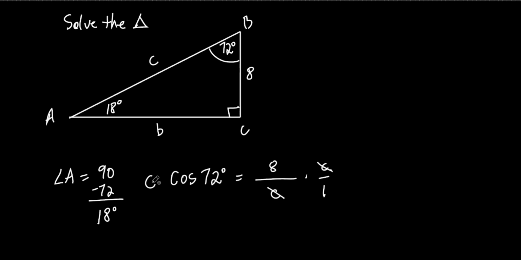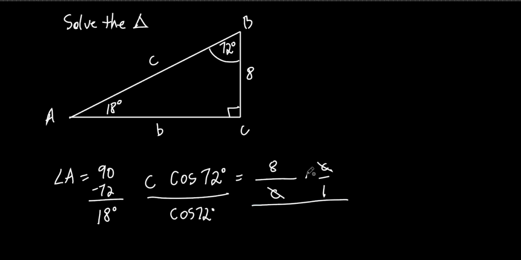Let's do this in the same step since we're running out of time. I want to get C by itself. Remember, the cosine of 72 is just a number. So how can I get rid of this number if it's being multiplied by C? Divide it. So I divide by the cosine of 72. There's no reason to put that into a decimal and divide by a decimal. Just keep it cosine of 72.